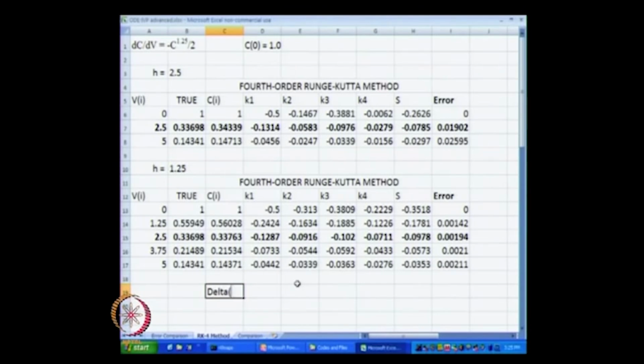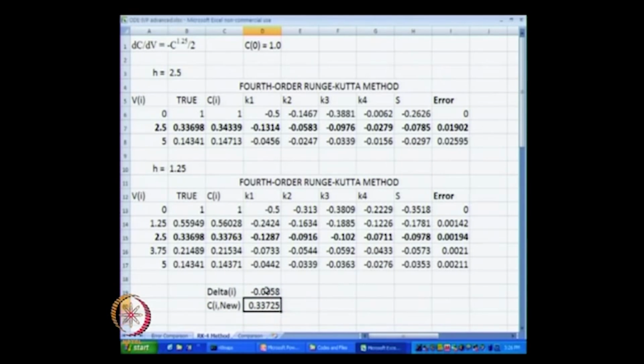So delta at location i is going to be equal to Ci using H by 2 minus Ci using H. That is going to be our delta, and Ci new is going to be equal to Ci using H by 2 plus delta divided by 15.